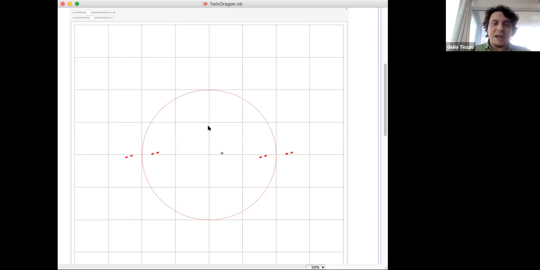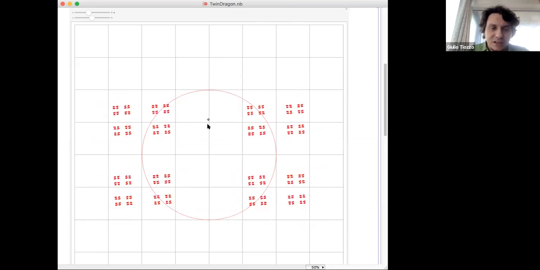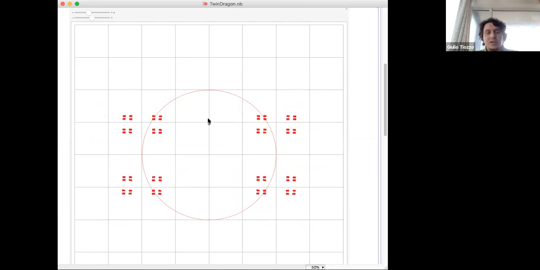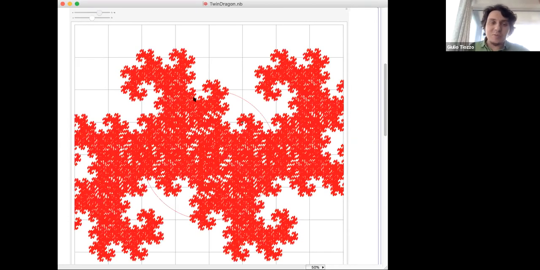If you pick it along the imaginary axis, you have this rotation by 4 symmetry, which again is very closely related to what Kathryn was saying, that multiplication by i is rotation by 90 degrees. These are very regular behaviors, but even weirder things can happen. For instance, if you go here, you will find again the twin dragon. You can't maybe see it precisely because you just see an approximation, but it turns out that this becomes the dragon.